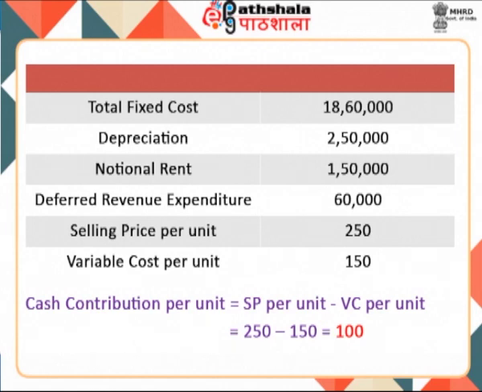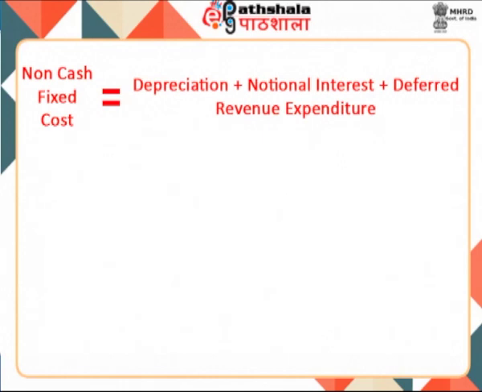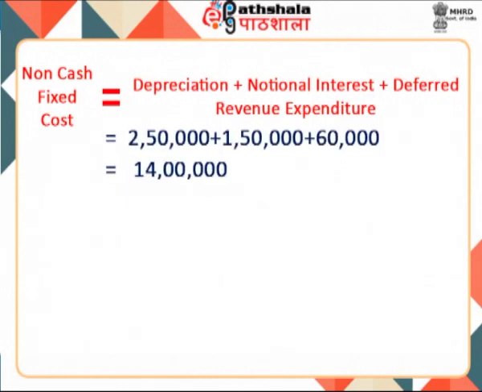We can work out the amount of cash component of fixed cost by subtracting non-cash fixed cost from the total fixed cost. As per the given details, the non-cash fixed cost equals the sum of depreciation, that is rupees 2,50,000, notional rent, that is rupees 1,50,000, and the deferred revenue expenditure, that is rupees 60,000, which comes out to be rupees 4,60,000, leaving cash fixed cost of rupees 14 lakhs.